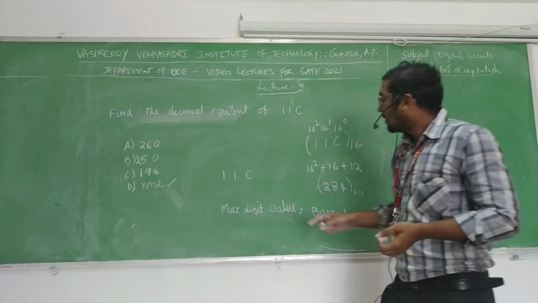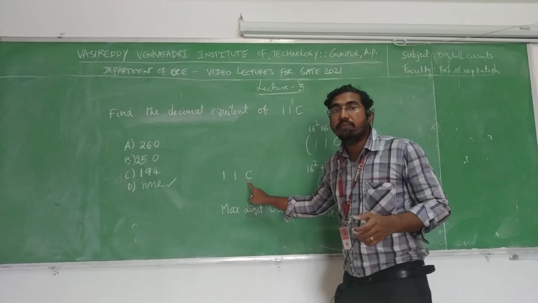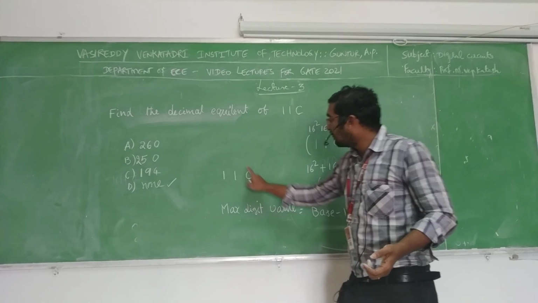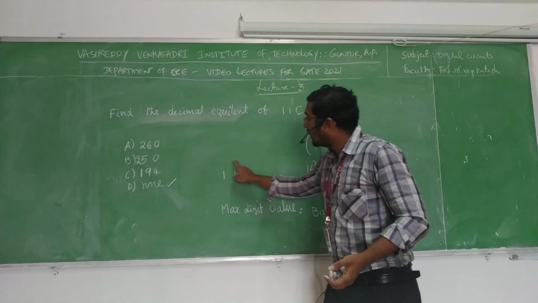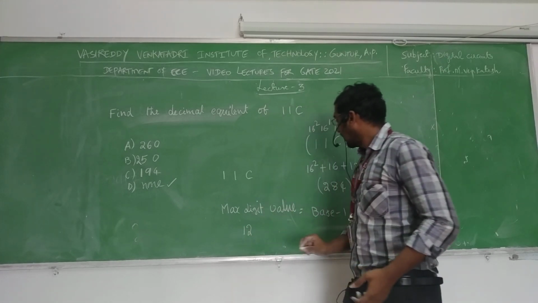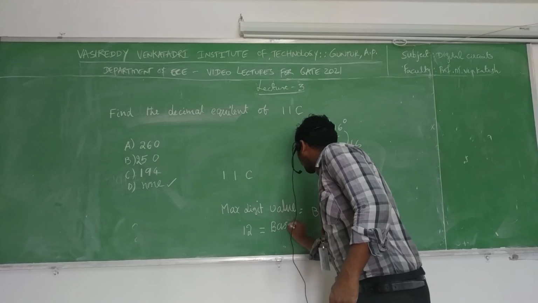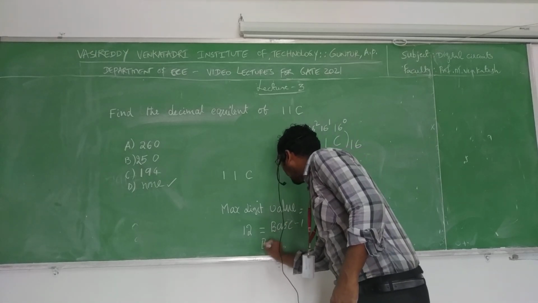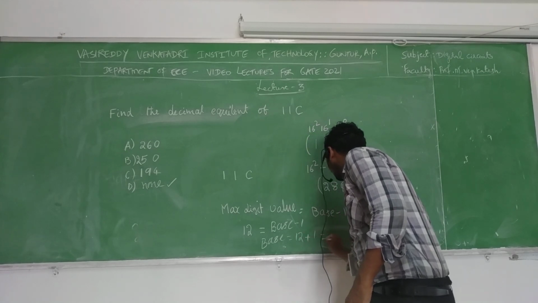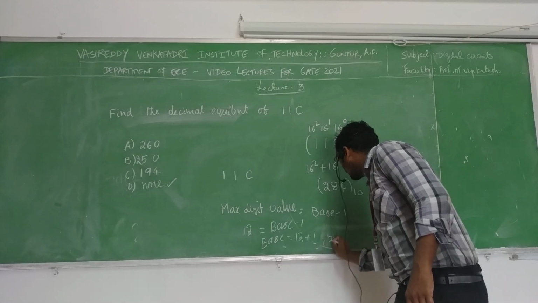Now here, 1, 1 and C. What is the value for C? A is 10, B is 11, C is 12. So therefore, the maximum digit present in the given number is 12. Then it is base minus 1, so the base is 12 plus 1, which is 13.